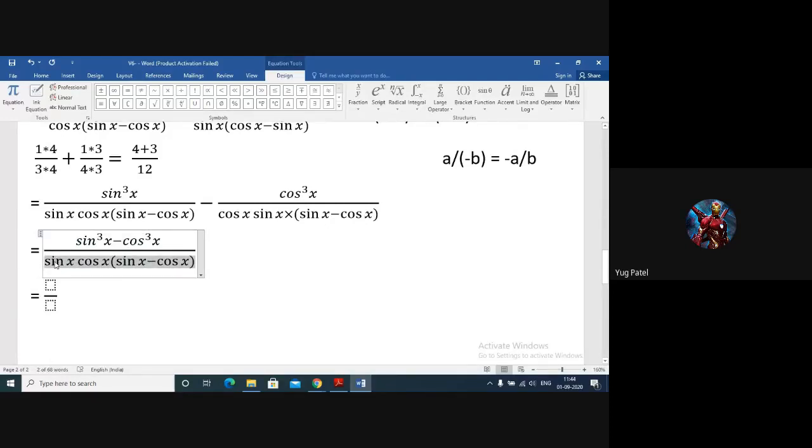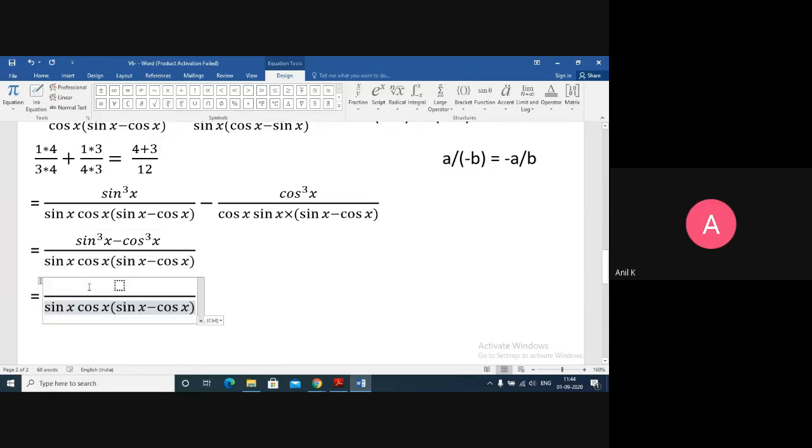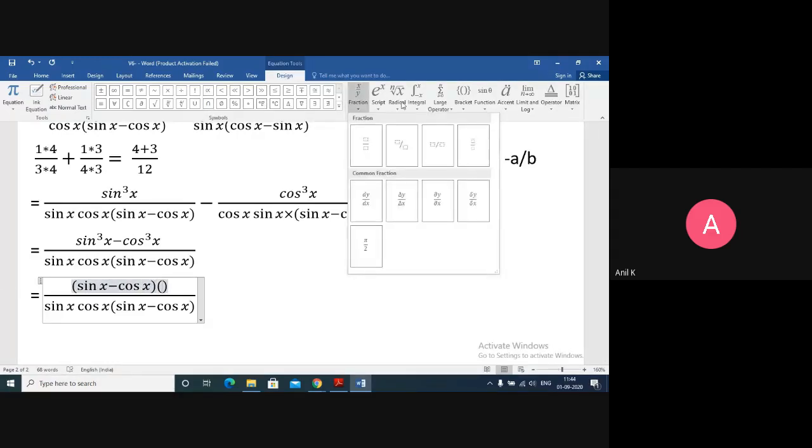A plus b into a square plus b square minus ab. Wrong. This is a minus b whole cube. Sorry, a cube minus b cube. So it will be a minus b into a square plus ab plus b square. So it will be sin x minus cos x, so a minus b, into a square.